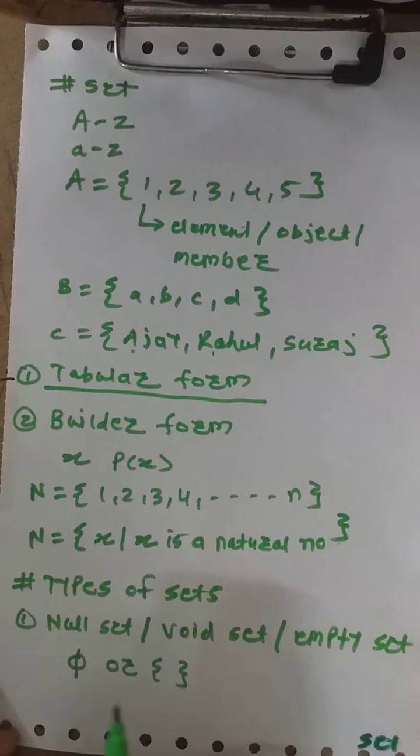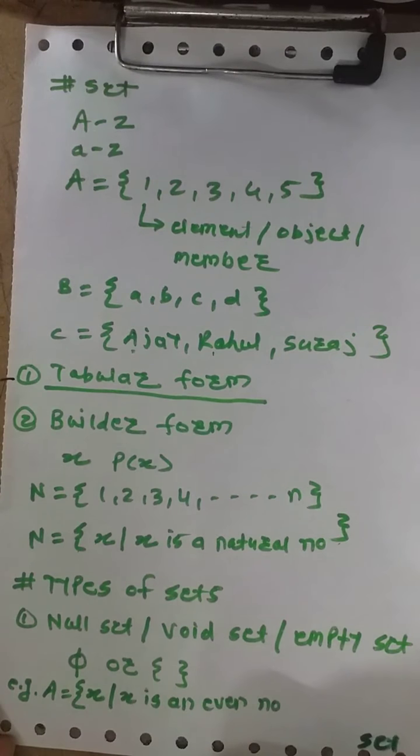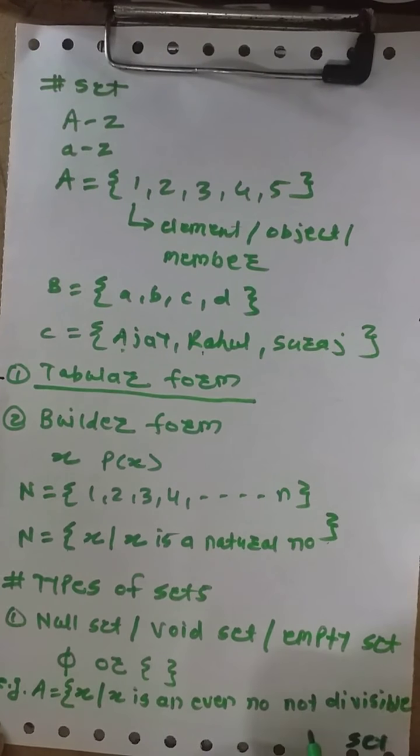For example, set A is equal to opening brace x such that x is an even number not divisible by 2.